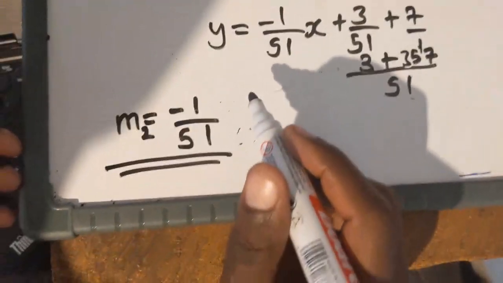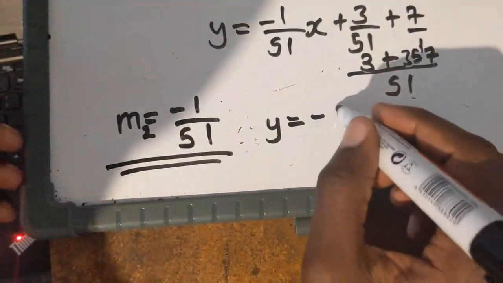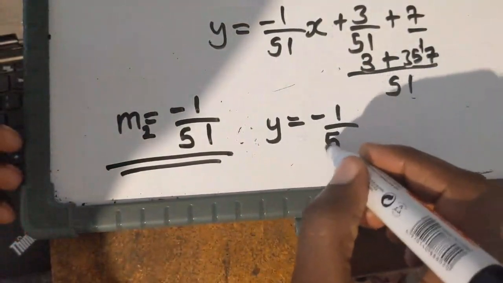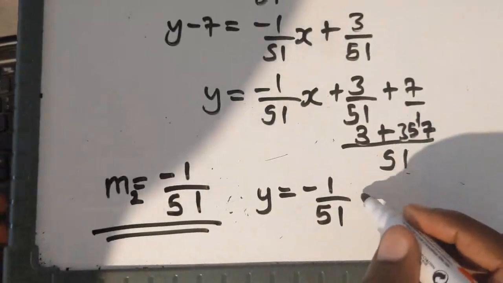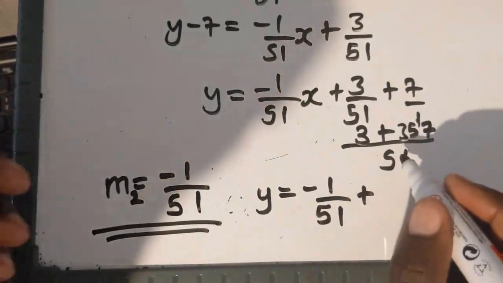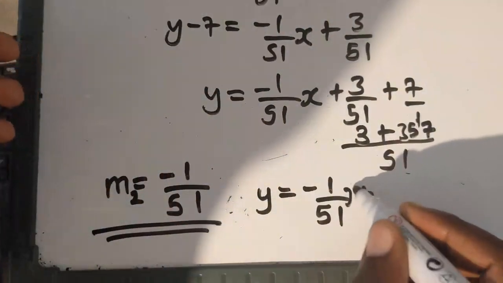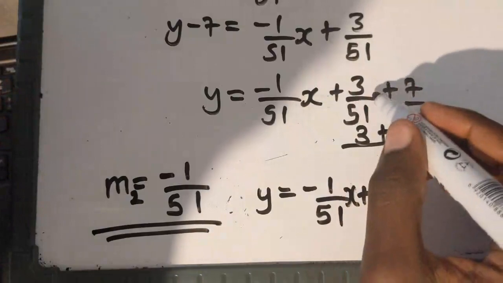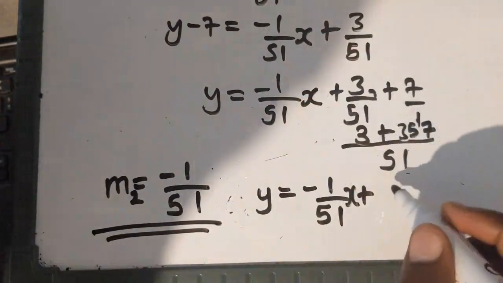So it's going to give you the equation y is equal to negative 1 over 51 x plus 360 over 51. Oh, there is x here, don't forget.